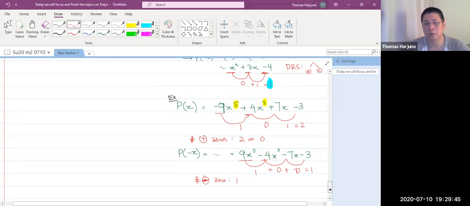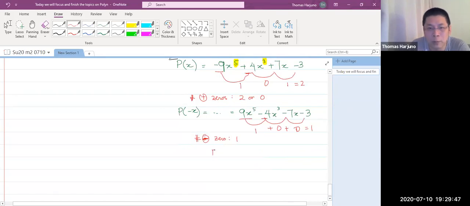Now, the fundamental theorem of algebra says it should have 5 zeros. The number of positive zeros is either 2 or 0, and the number of negative zeros is 1. So 2, 1 or 0, 1.